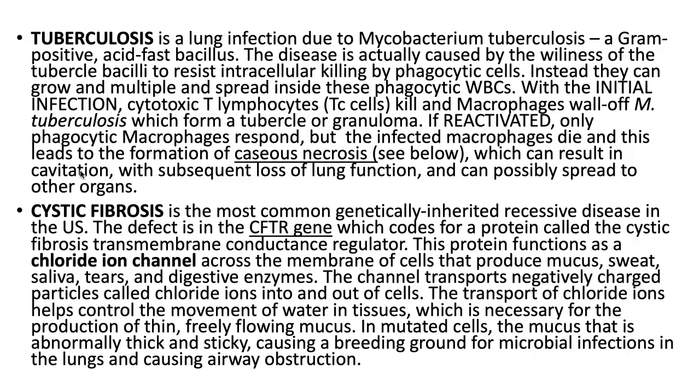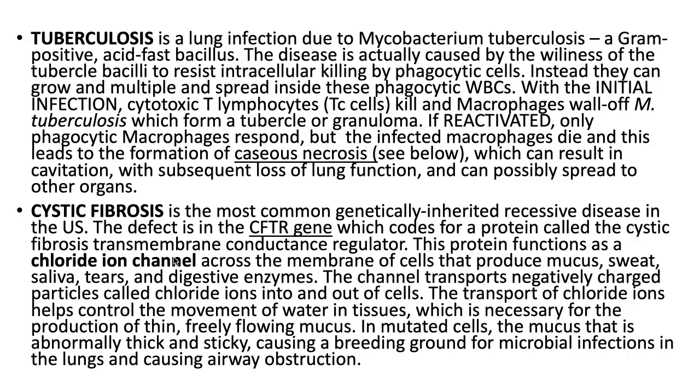So that is TB. Cystic fibrosis is the most common genetically inherited recessive disease in the United States. It can affect young boys and girls. And the only thing that I will say on the exam is that they have a faulty chloride ion channel. And that is going to interfere with salt and water.